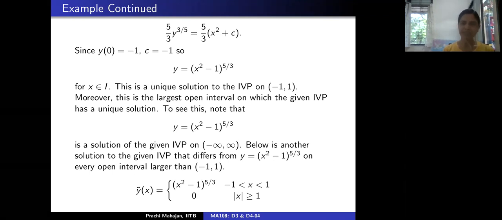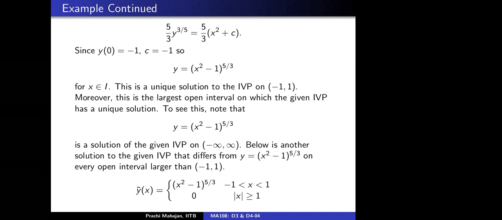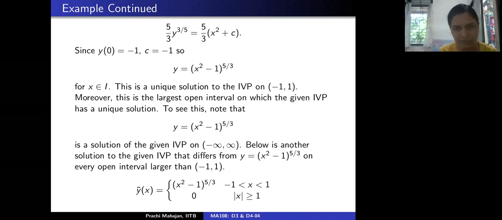But the solution is guaranteed to exist throughout the real line, thanks to part 1 of that theorem, which is due to Peano's existence theorem. That's all. Is that okay? Please ask if there are still some doubts. No, ma'am. Okay, good.